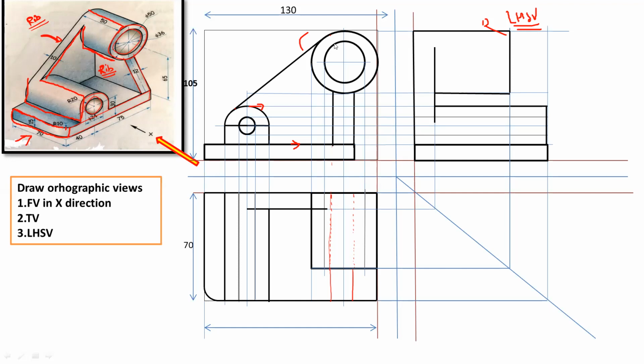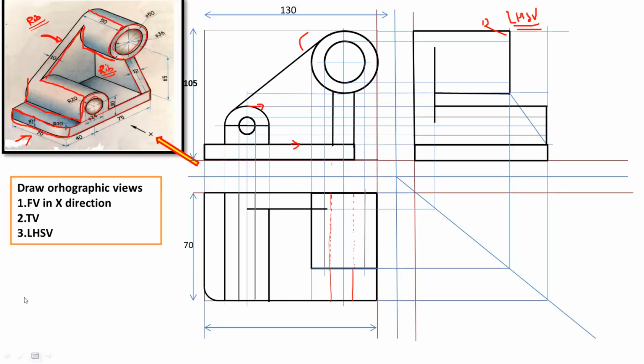And then you can draw the hidden lines for this inner circle. So this line is for this rib having the width 12 mm. So actually this portion is hidden. So this is the only visible portion and the remaining portion is hidden.